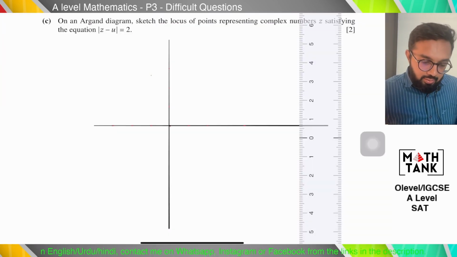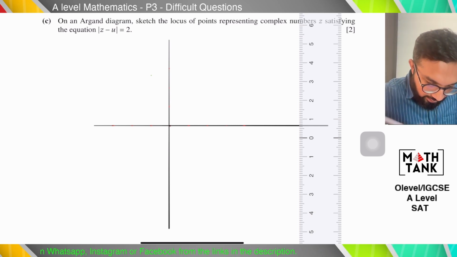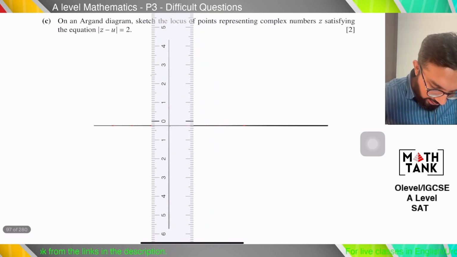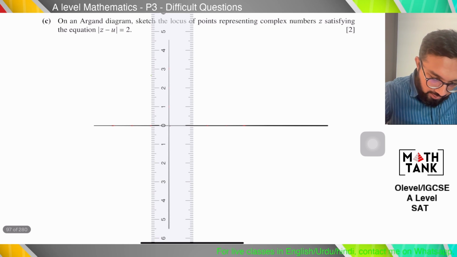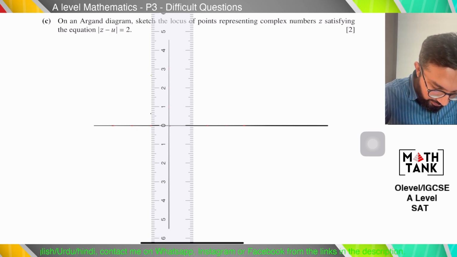Okay, drawing this, I have this as the center, and then I need to have radii of 2 centimeters. So what I'm going to do is I am also going to mark some points. On the exam, you will probably have a compass to draw this. So since I don't have a compass, I'm going to just try to do this manually.